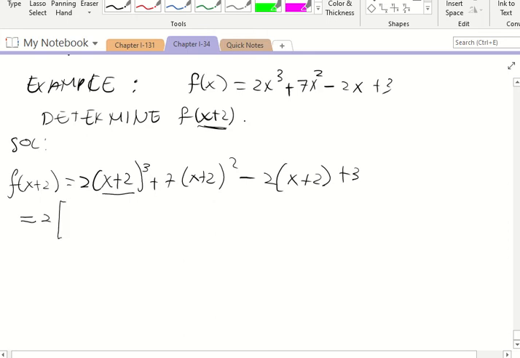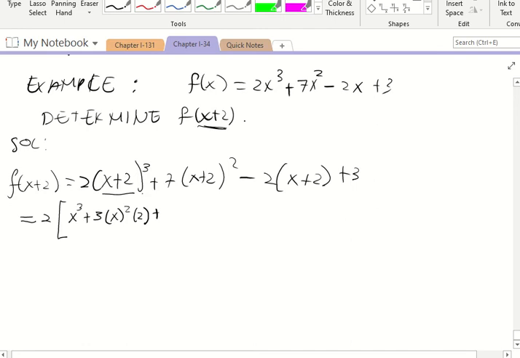So 2 times, take the first term, you cube the first term. Then, because it's plus, it's also plus 3. Why 3? Because it's cube. 3, then copy the first term again, then you square it, then copy the second term, multiply it with the second term.